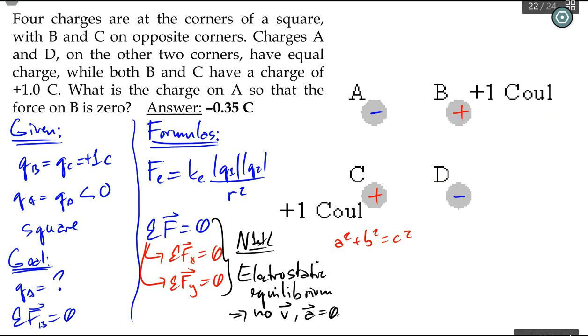And so we're taking everything into perspective with charge B. Between these two forces, it should be attractive. So from the perspective of B, it feels a pull there in the negative X direction. And from the perspective of these two, it feels a pull downwards from our frame of reference, in the negative y direction.